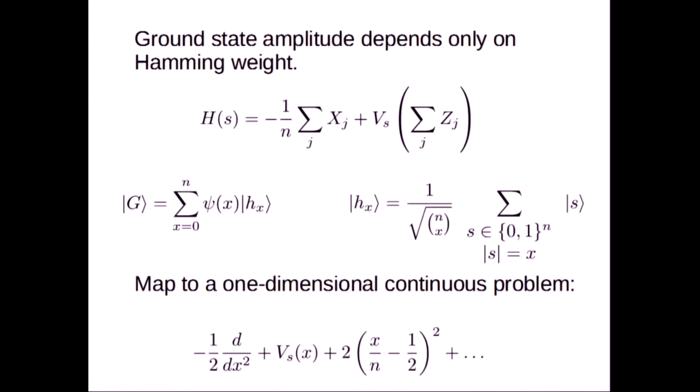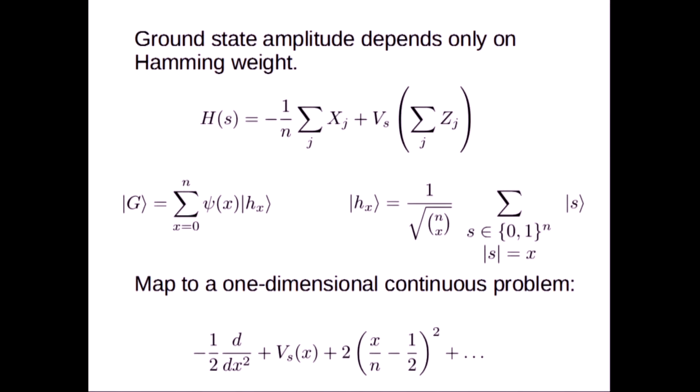In other words, for any given Hamming weight, you have the corresponding uniform superposition over all bit strings of that Hamming weight, and there's n plus 1 such states for Hamming weight 0, 1, 2, up to n, and these states form an orthonormal basis for some subspace, and you start in that subspace and you stay in that subspace the whole time.